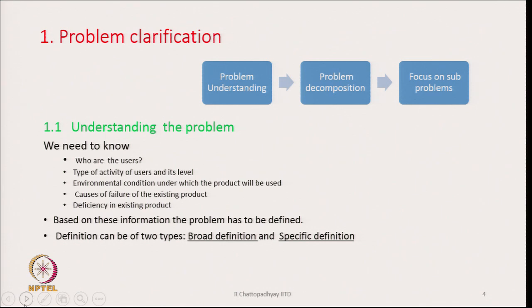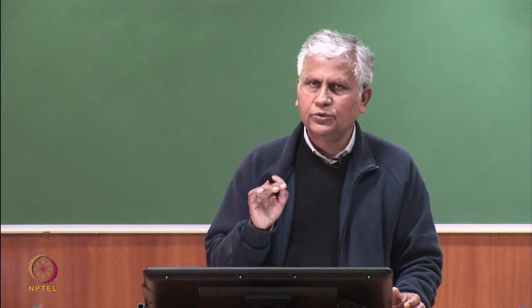And the problem, when it is defined, we can have a broad definition, and also we can have some specific definitions. So, a general definition about the problem, and under that general or broad definition we can have some specific definitions, which will spell out exactly what needs to be improved or what needs to be redesigned.